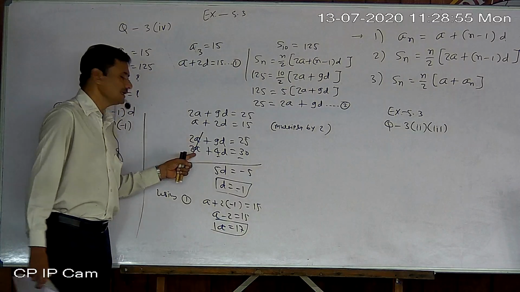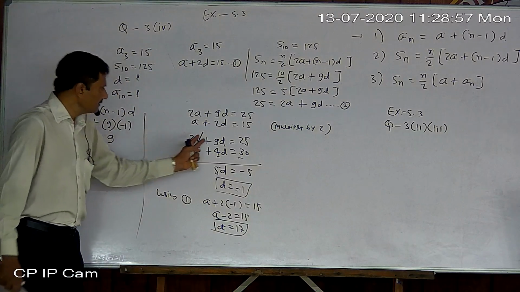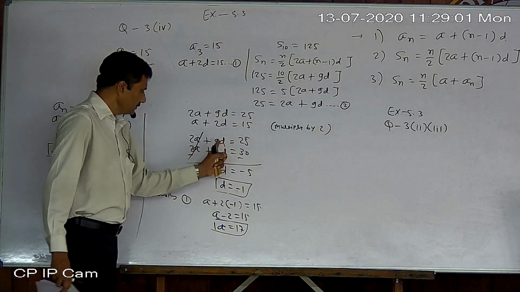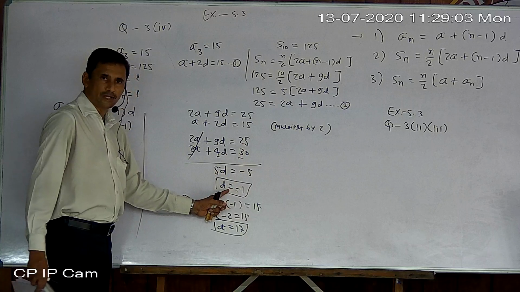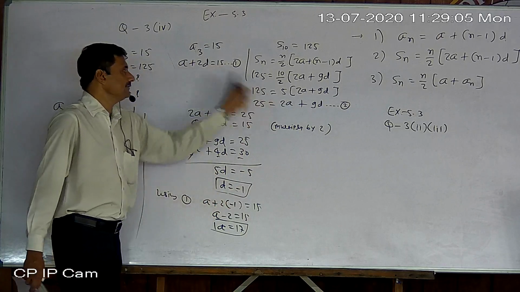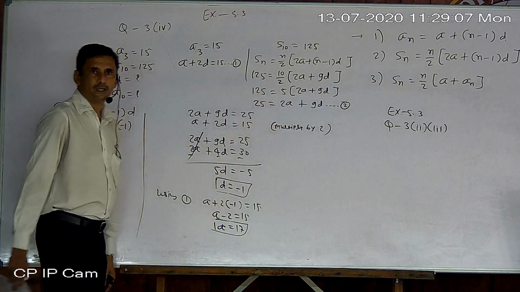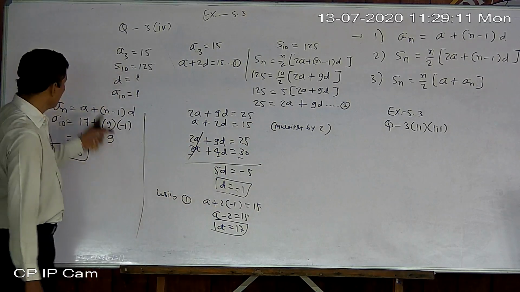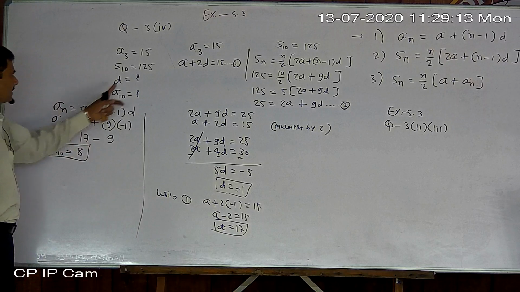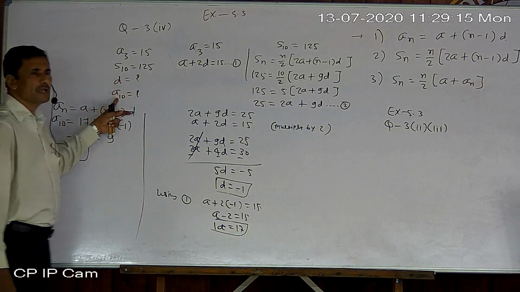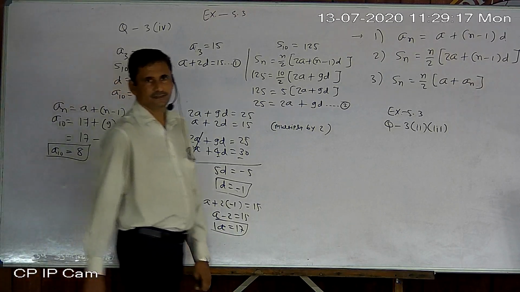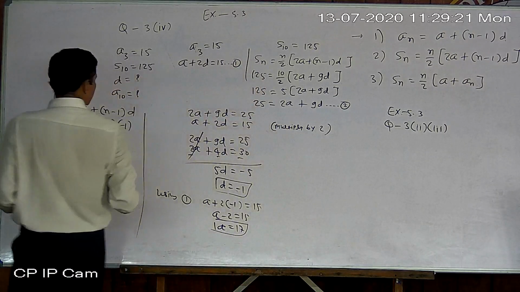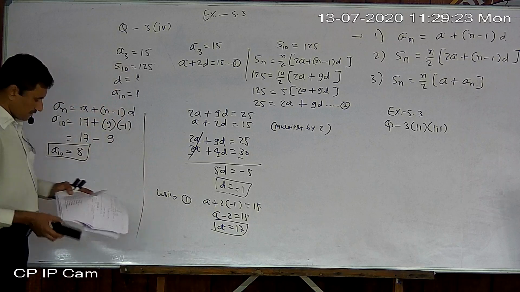Then I subtracted the second equation from the first, so that a is cancelled. I got d, and after getting d, you can use any equation to find the other variable also. Now it is not new. After getting the first variable, getting the second one is always easy. So this is quite different from the first three sums.